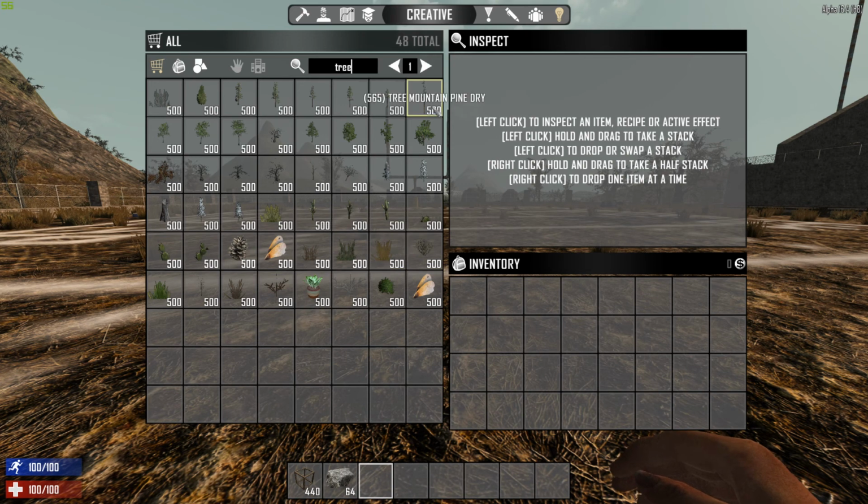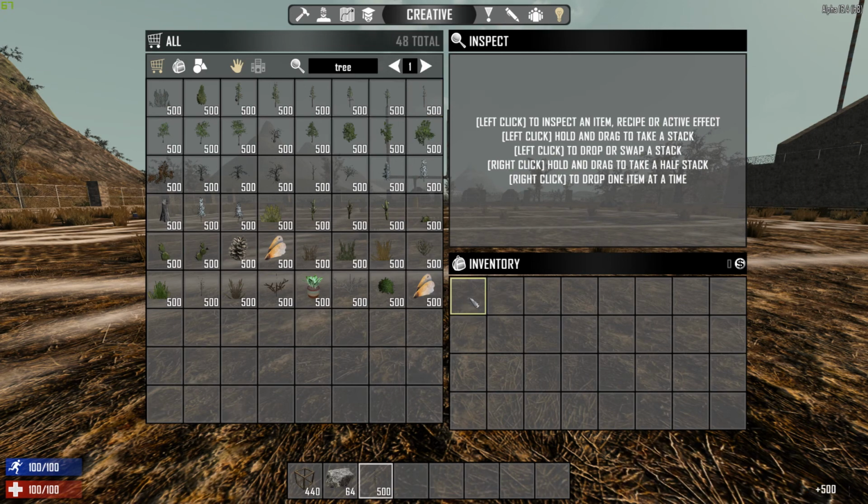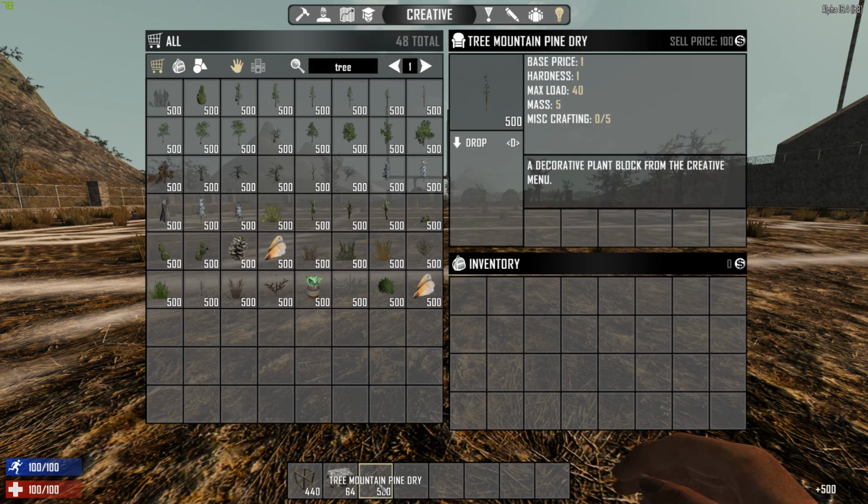So let's say the mountain pine dry, which is one of my favorites to build on because it doesn't have a lot of leaves and stuff like that. So let's grab the mountain pine tree and let's look at what it has. Oh, max load 40, mass 5.